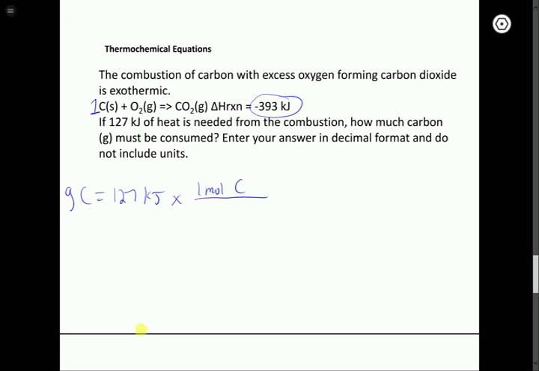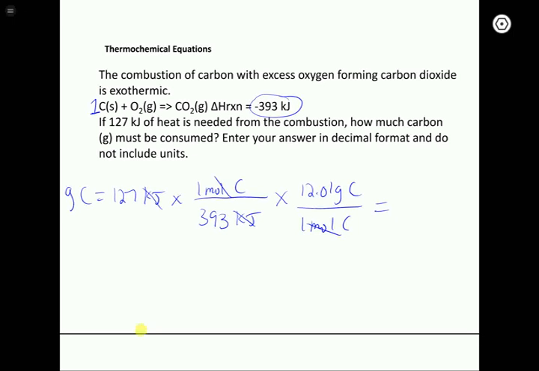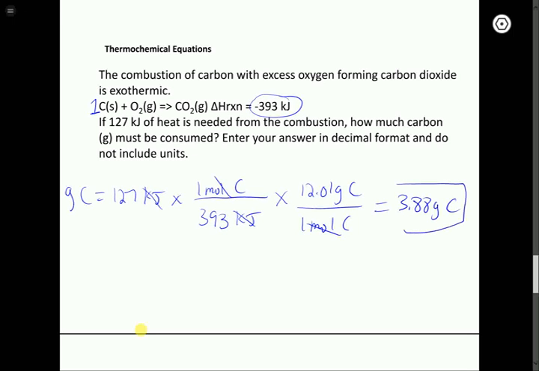So for every mole of carbon, we produce 393 kilojoules. And now we just need to convert that into mass of carbon. So when we multiply this across, we would have to burn 3.88 grams of carbon to produce 127 kilojoules of heat.